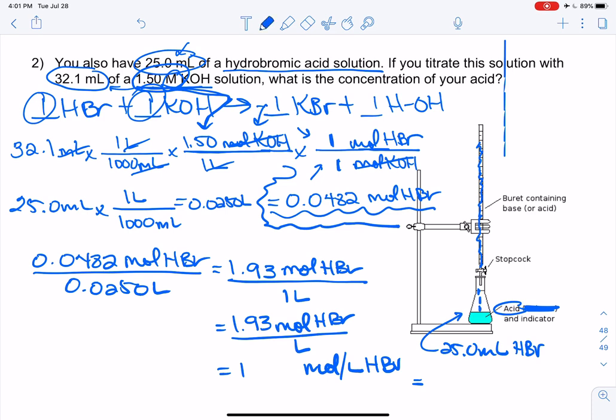I was getting all crazy and it made me write the wrong thing. I bet you guys were like, wait, where did that extra 1 come from? Okay, which is 1.93 molar HBr, and this right here is what you will see on the bottle. Okay, and you'd pick up the bottle and you'd say this is a 1.93 molar HBr solution.